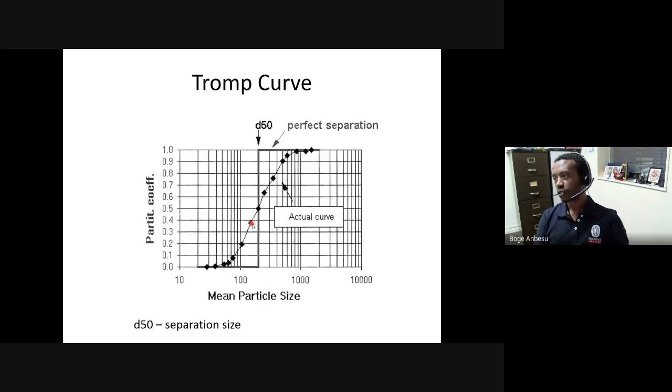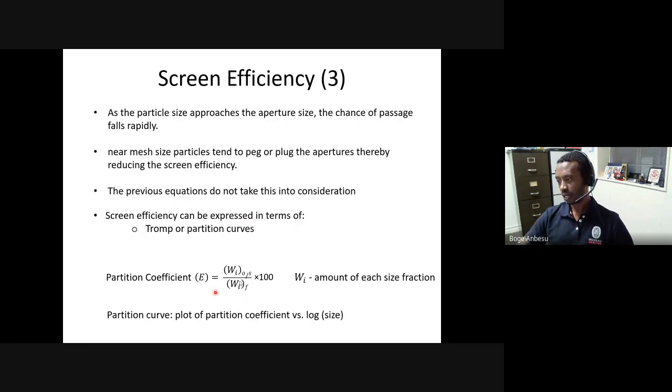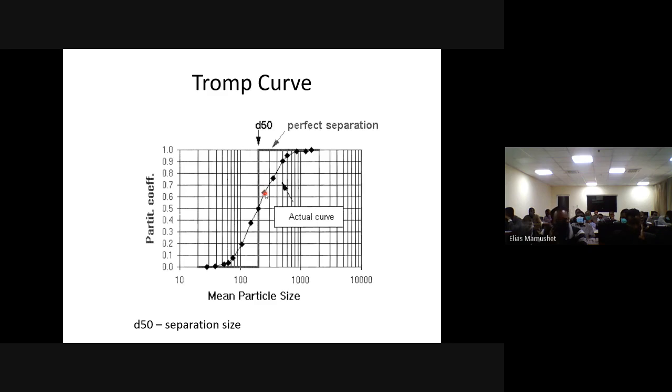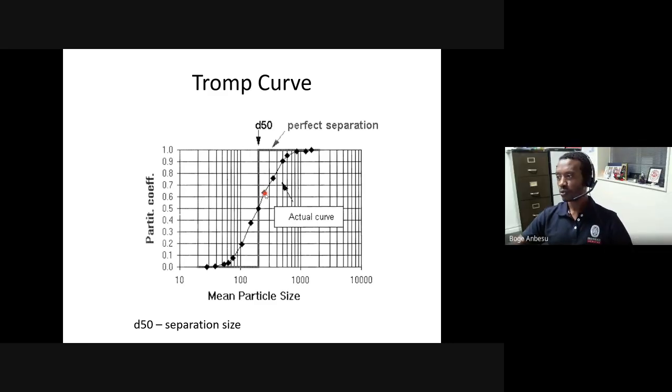So then what the Tromp curve tells you is for any given size, where Wi is any given size, we come here on the x-axis and we say, for example, a given size, say, in this case, somewhere around 250. Although you expect all the 250 millimeter particles to report to coarse fraction, what this one is saying is actually only about 65% report to the coarse fraction.